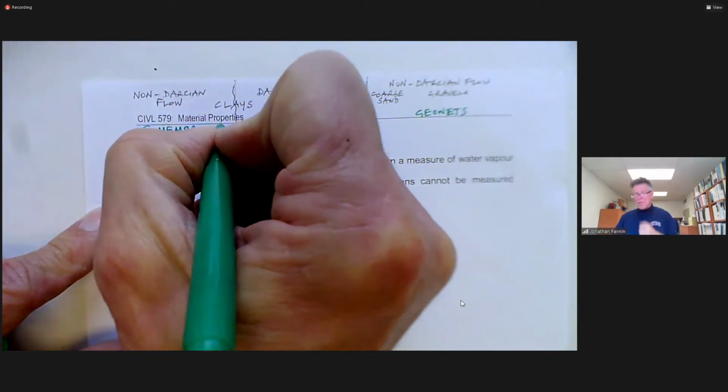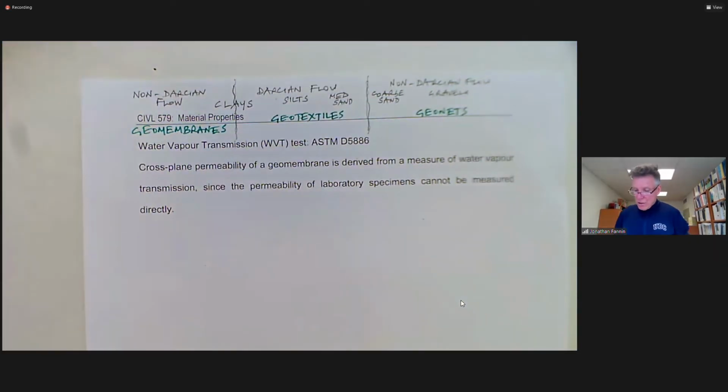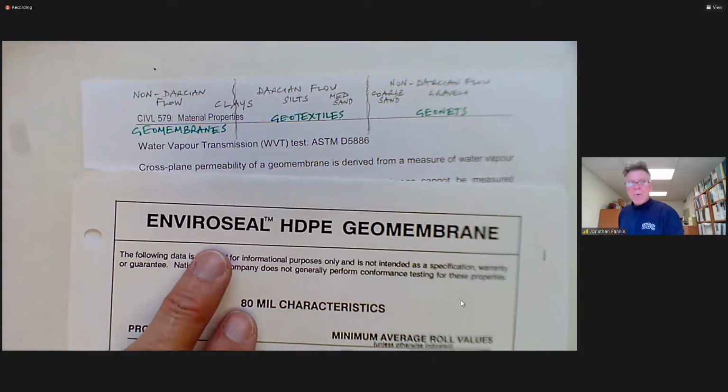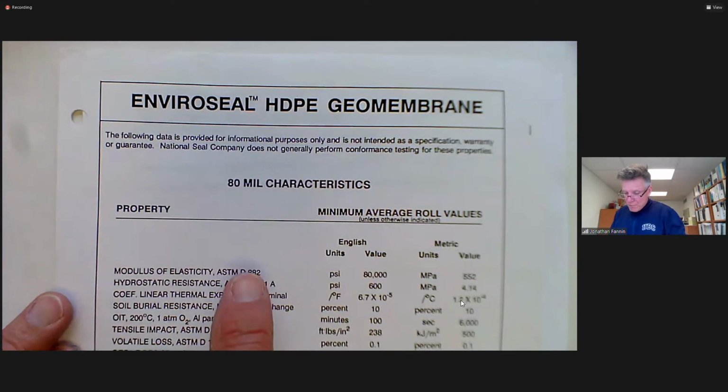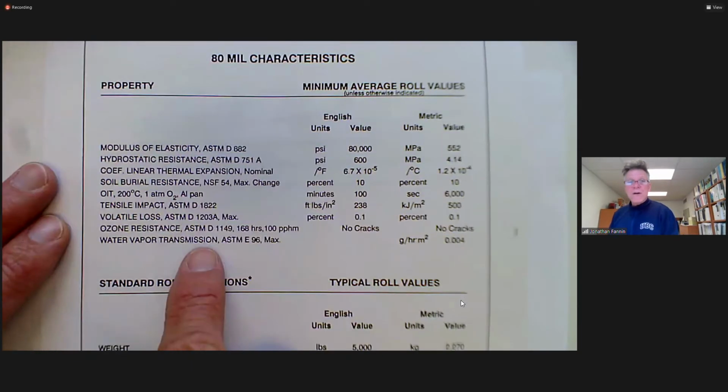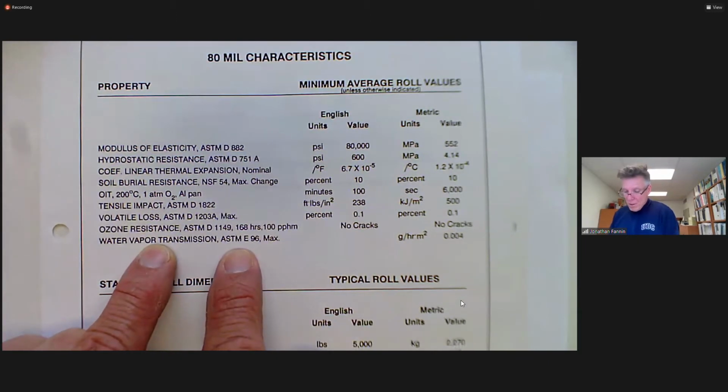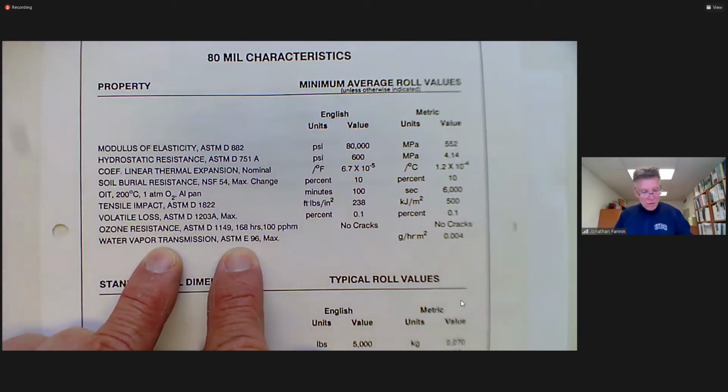And so the purpose of this is just to acknowledge the nature of the non-Darcian flow in geomembranes. Let me find a data sheet for a geomembrane, and if we look for something that's going to speak to its cross-plane permeability, we get something called water vapor transmission. What is water vapor transmission?